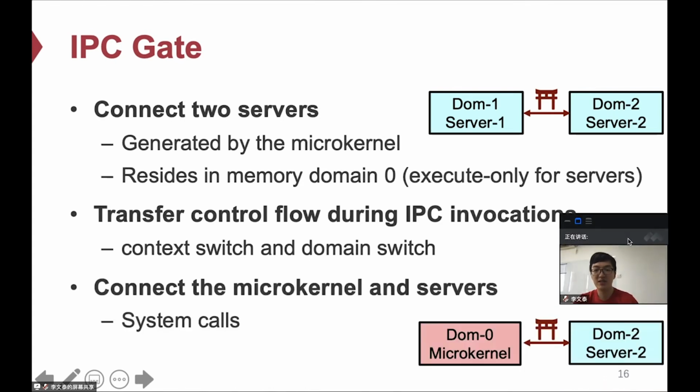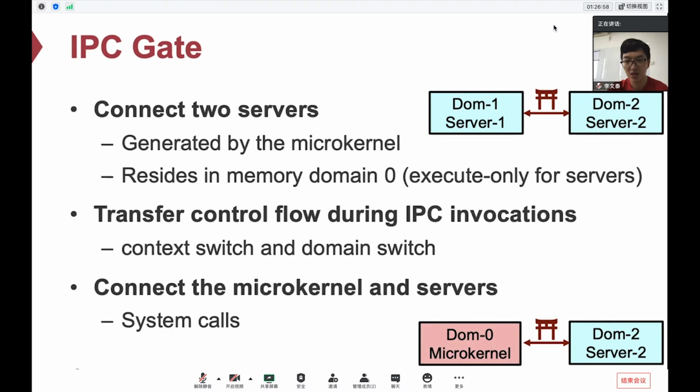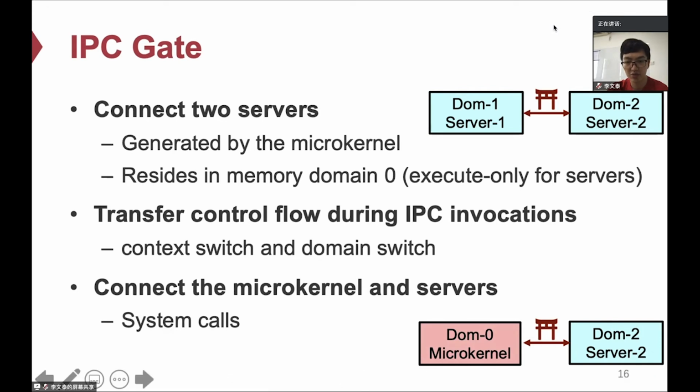Besides, IPC gates also exist between the microkernel and the servers, which enables the interaction between the microkernel and the servers. Those in-kernel system servers invoke system calls through dedicated IPC gates connected with the microkernel instead of using syscall instructions.